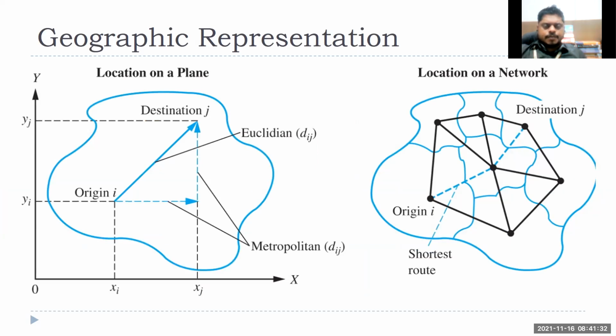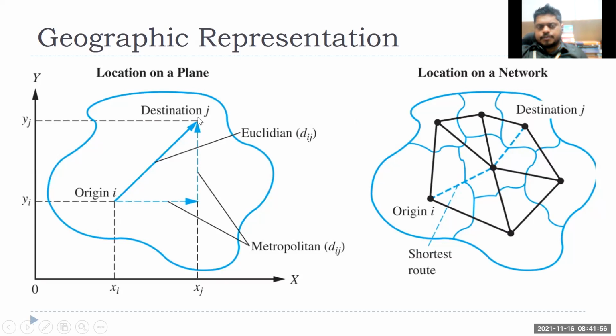As you know, from our 6th, 7th or 8th class, if I want to measure distance between 2 points, let's say this is 1 point, origin I, and destination is J. So this is, let's say, hostel number 1 or hostel number K, some hostel, and this is the restaurant. What is the distance between these 2 points?